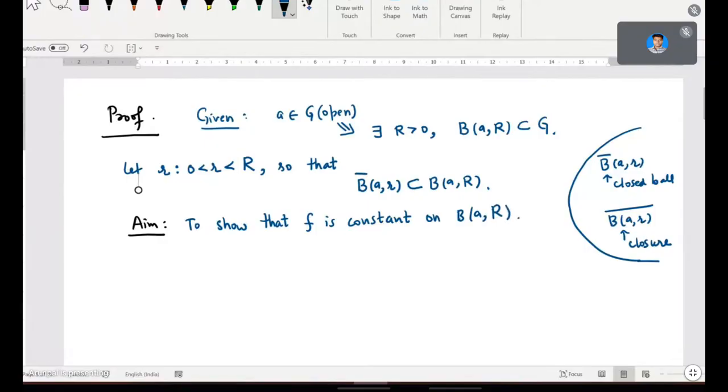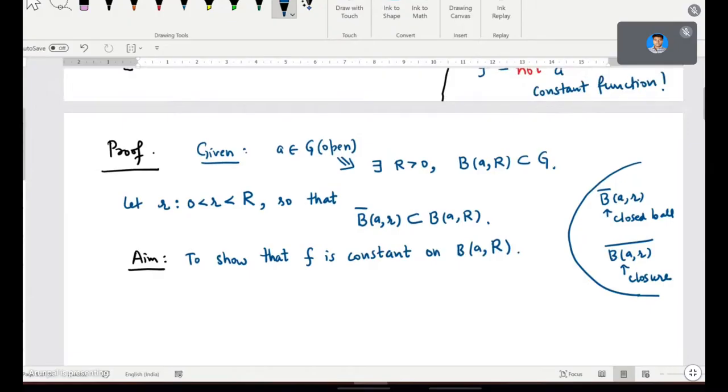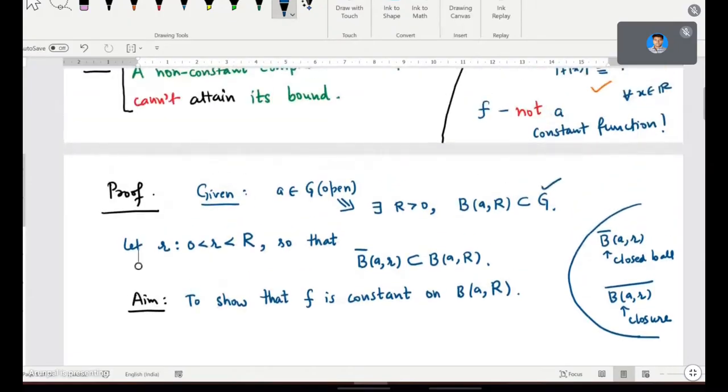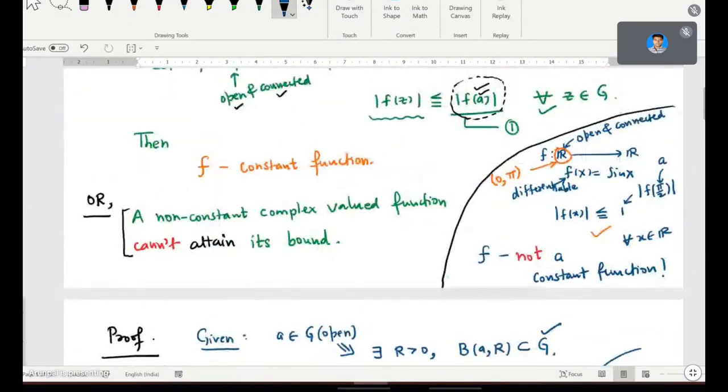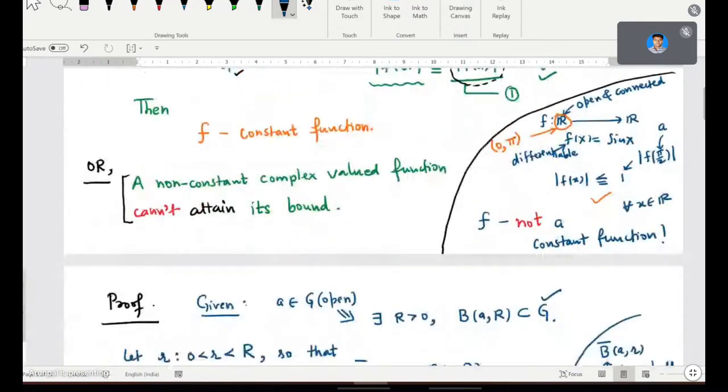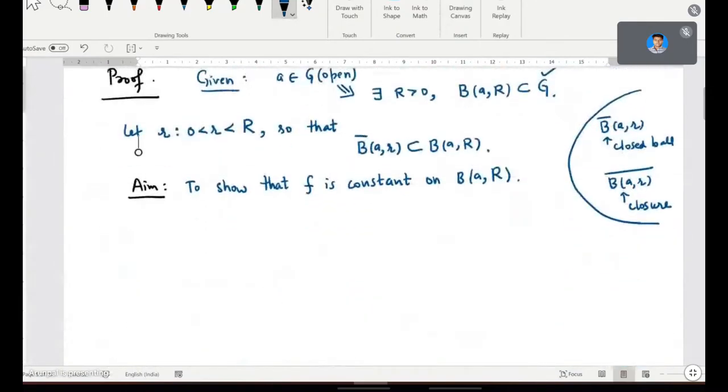So class, first I will show that f is constant on B-bar, and then I will extend this feature of f onto the full G, because we are to show that f is constant on G, right class? Okay.